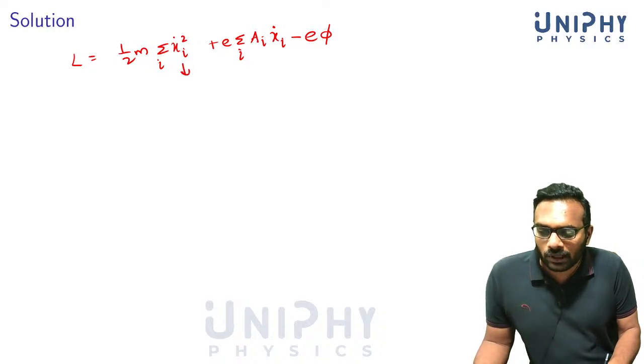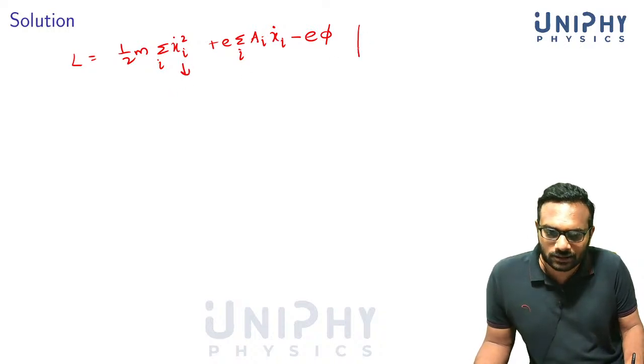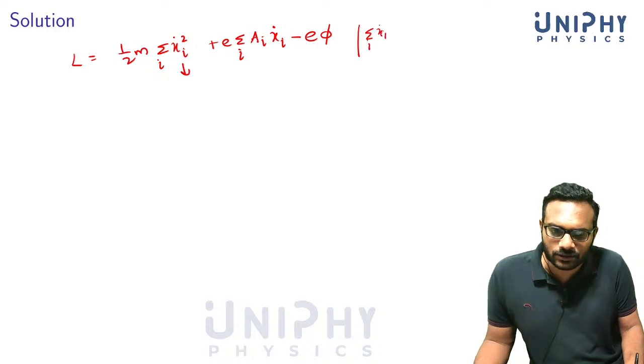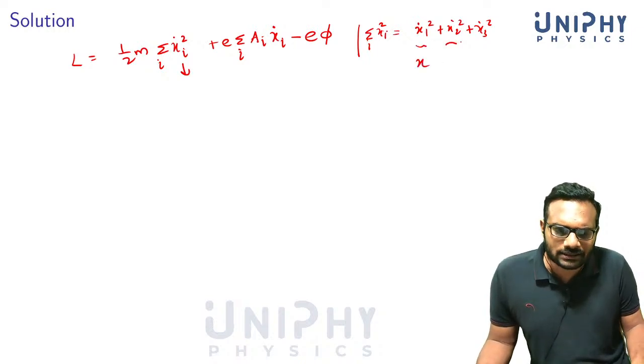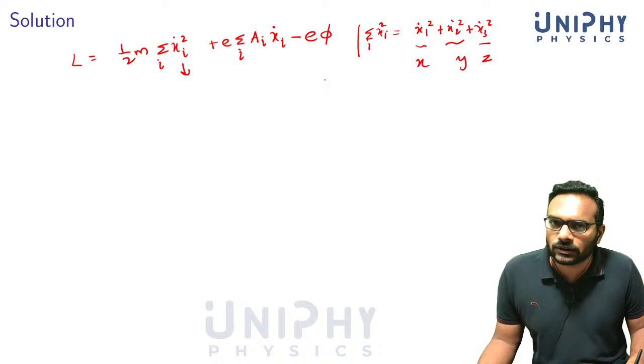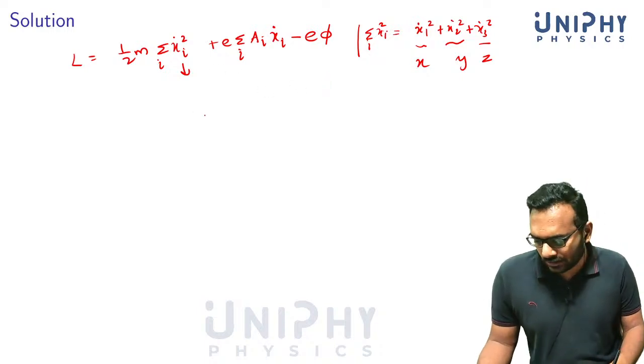By this summation over i xi dot square, what I mean is this: it is equal to x1 dot square plus x2 dot square plus x3 dot square. So I've made use of a convenient notation whereby x1 stands for x and x2 stands for y and x3 stands for z, that's all. So it's basically x dot square plus y dot square plus z dot square.